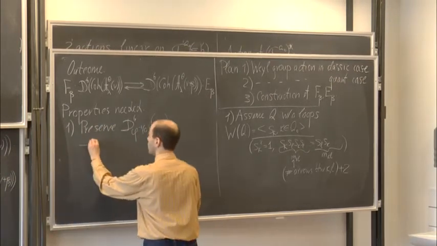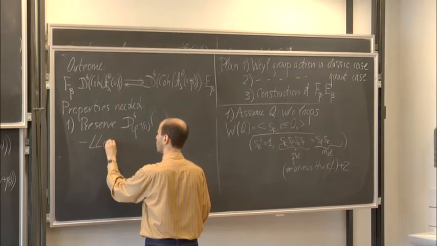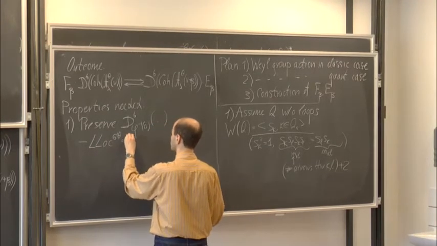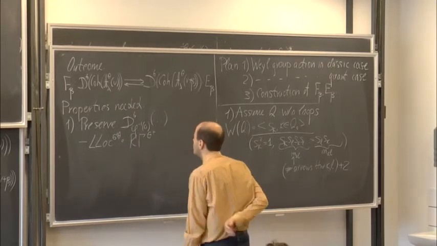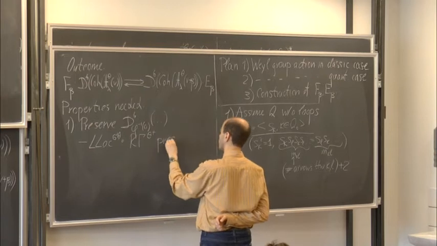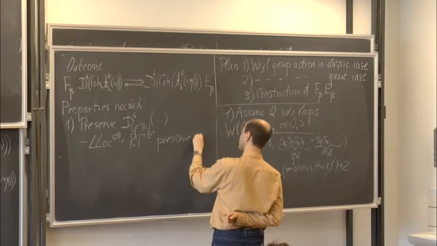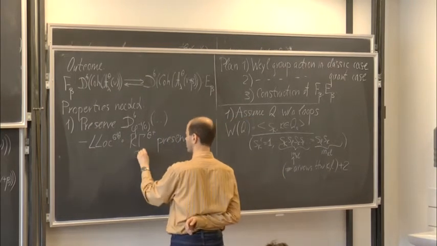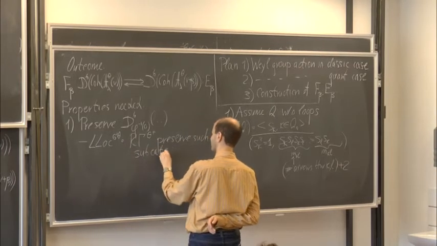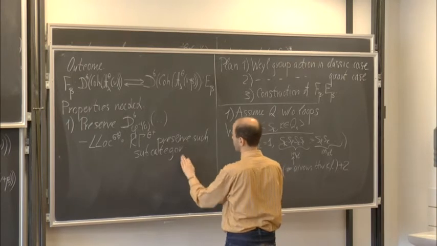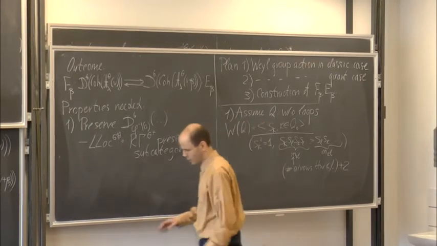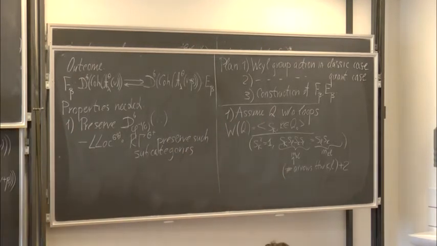So I can write it in this form: L log sigma theta composition with R gamma theta plus preserve such subcategory, just from compatibility of supports with pullbacks and push forwards.